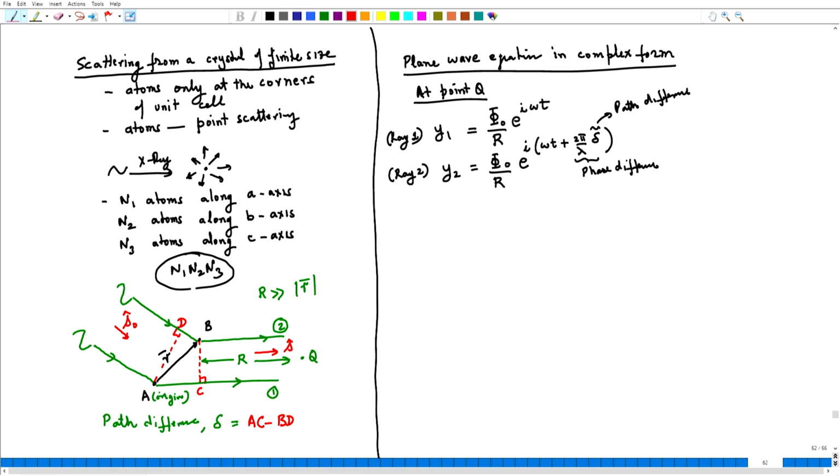So, S naught cap and S cap are the incident beam direction and scattered beam direction.